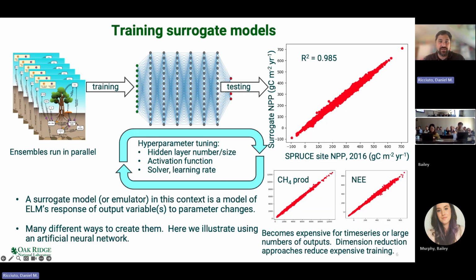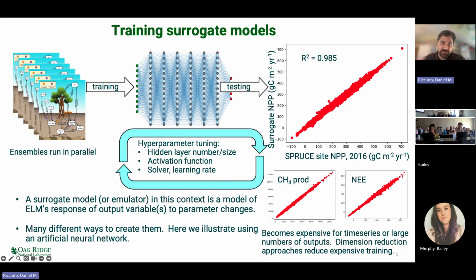What I'm showing here is just an artificial neural network. Other machine learning techniques could be used, and some are better in certain situations. The neural networks tend to work pretty well. As part of this training process, a lot of times what we need to do is hyperparameter tuning. For example, in a neural network, that could involve the hidden layer number, size, activation functions, solvers, or learning rates.